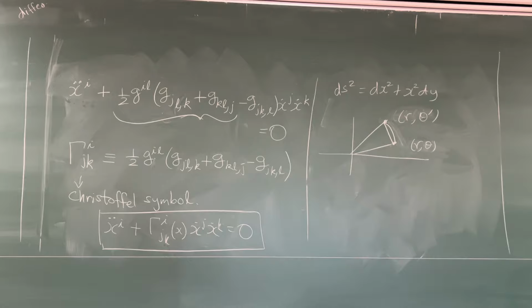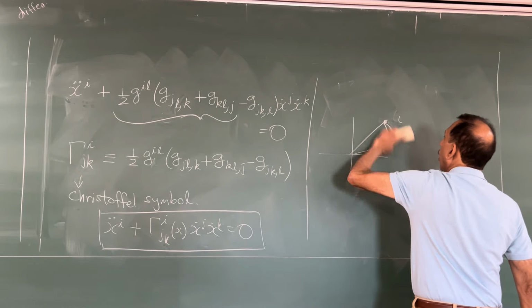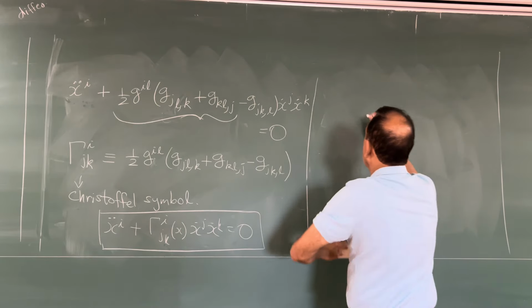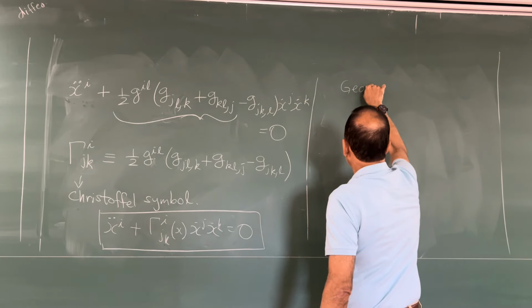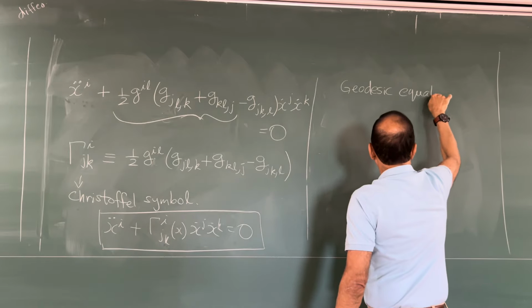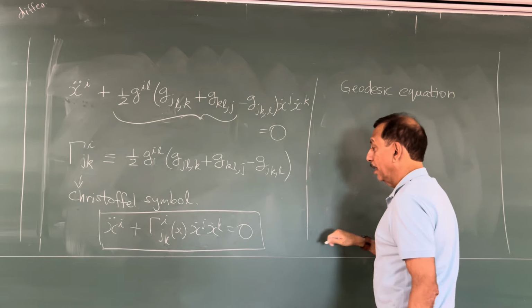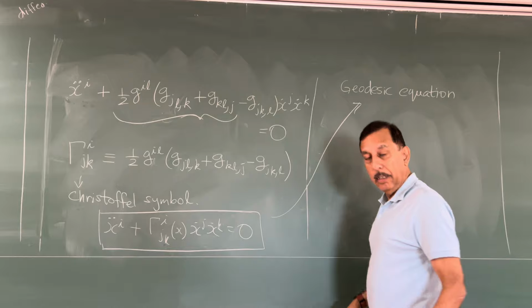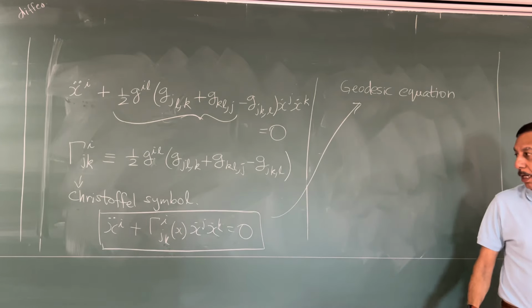Good. Okay. Now this has a name. It's called the geodesic equation, and it has a very central role both in Riemannian geometry and in its generalization, general relativity.